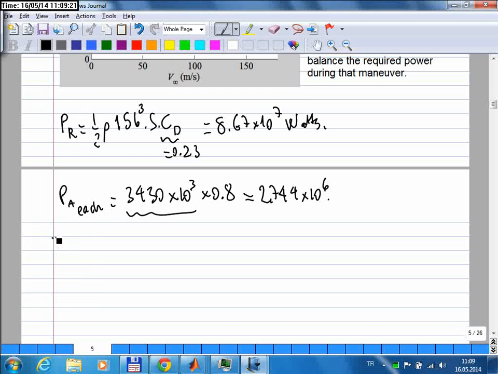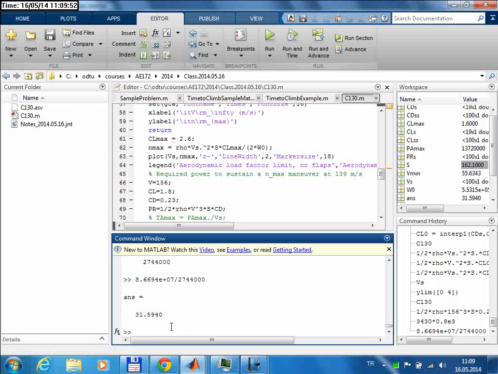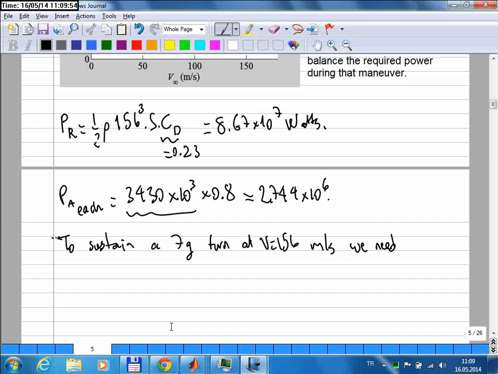So to sustain a 7G turn, we need, so this is what we need, and let me divide that number with this number to find the number of engines we need to have. 31.6, 32.